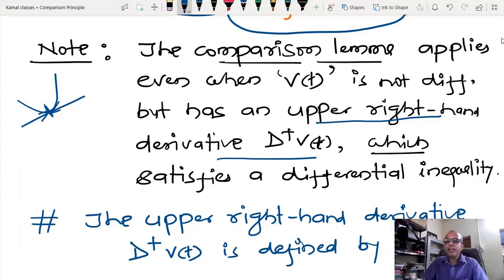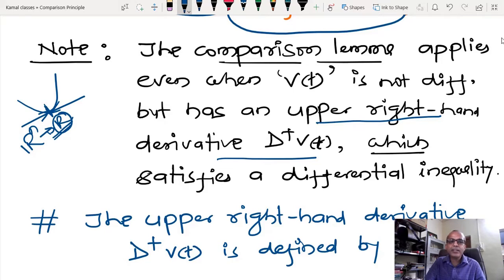So in this comparison lemma, I have already told you that we map from higher dimensional space to one dimension, and in one dimension, when some quantity comes into the picture, I have to take the derivative of this quantity to establish the relation between r and 2r.